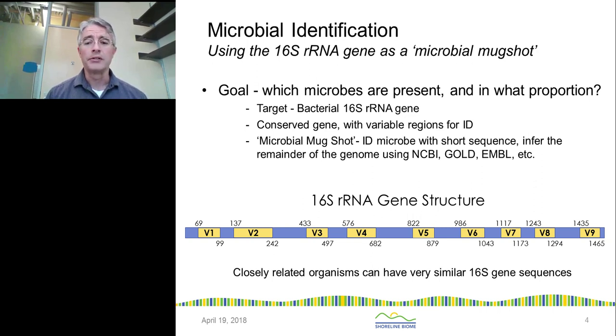And there are also 9 variable regions inside there, which when you flank these variable regions with PCR primers, you can read through with a sequencer and then determine the sequence inside that variable region and pin down which organism that belongs to.